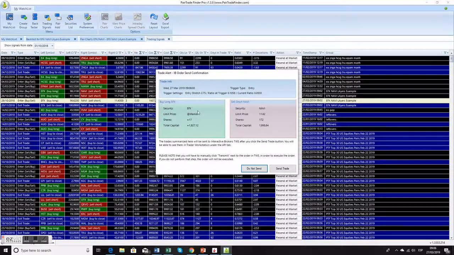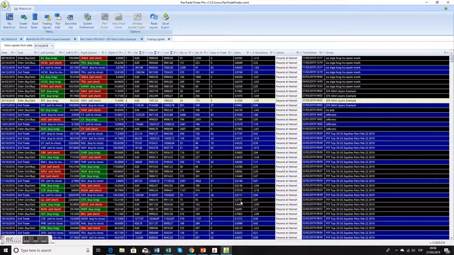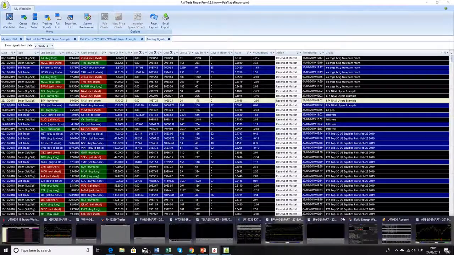And this is creating a pair trade order type, which is a limit on the short, sells 172 shares at 1162, and then market on the long, around 17 shares of EFX. So let's say the market's not open, but my Trader Workstation is. Let's say I sent this trade. What happens?